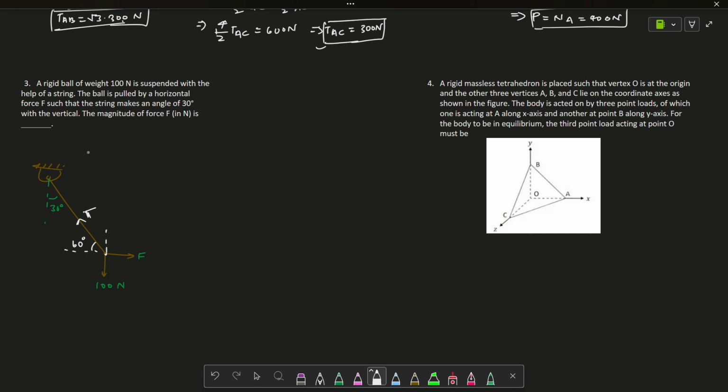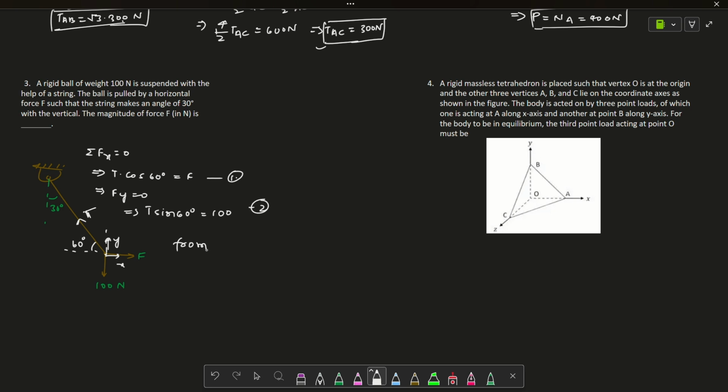For equilibrium, we will equate the forces in x direction to 0. We take this direction as x and the vertical direction as y. In x direction we can write T cos 60 degrees is equal to F, and in y direction T sin 60 is equal to 100 Newton, right?